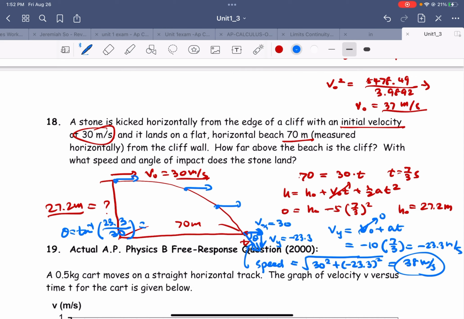So arctangent, inverse tangent of 23.3 over 30, right? So I got around 37.8 degrees. Okay, that's the angle when it hits the ground. Okay, that's it for this video.